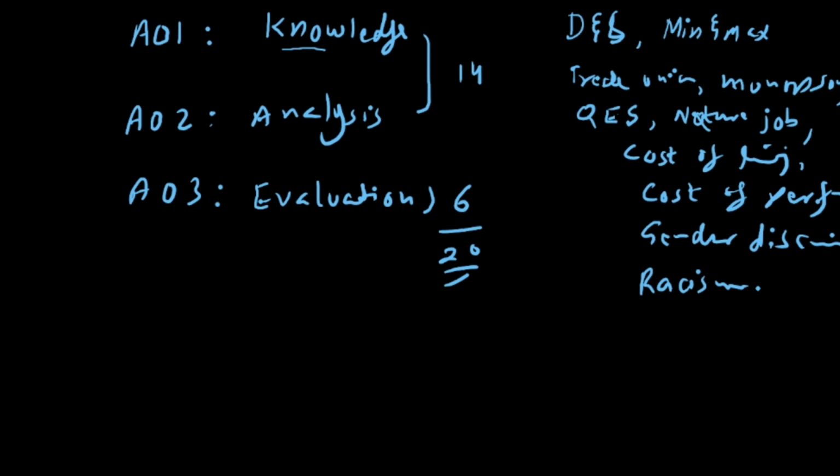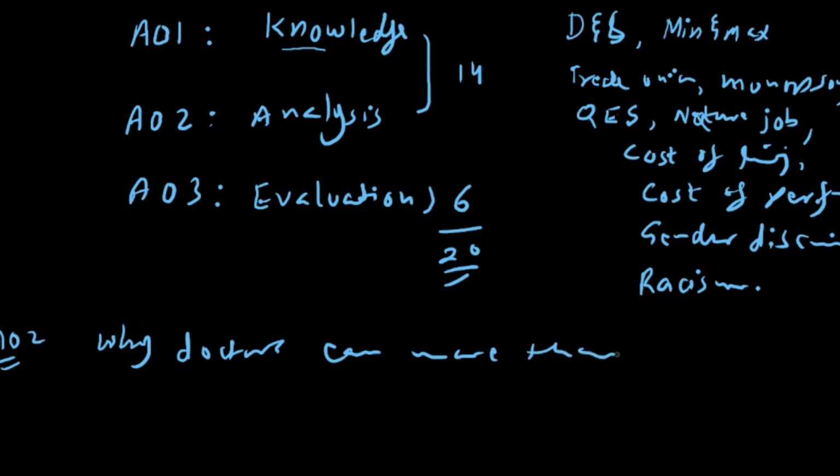So you can mention these main factors, and then you can start analyzing these factors. While analyzing these factors, you will say that doctors earn more than the teachers, right? So in assessment objective 2, you will make a justification that why doctors earn more than the teachers, right?